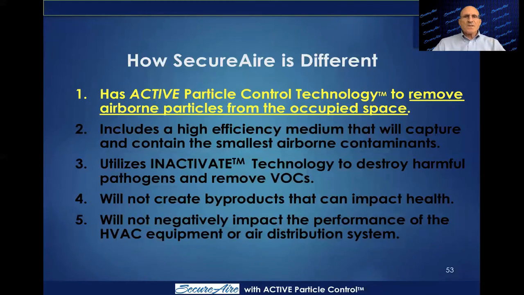So number one, SecureAire has what we call active particle control that will do exactly what we're talking about. Similar to an ion generator or a photocatalytic oxidizer that creates charged particles, we're creating charged particles that will cause others to attract each other, clump up, get bigger, and move back to our capturing device.